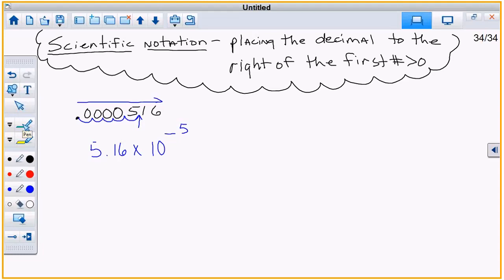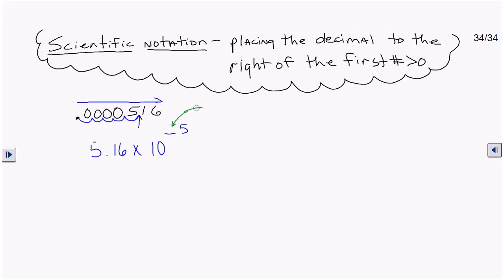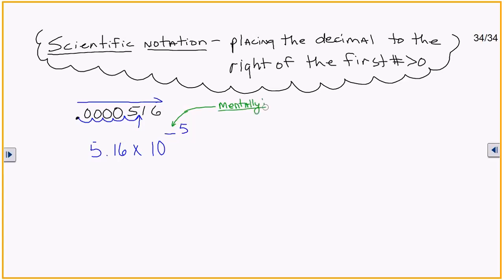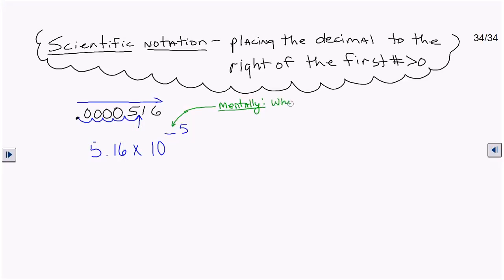And I put it right here and I say, mentally, which means you do it in your head. Ask yourself, which way do I move the decimal to get it back to the original form?